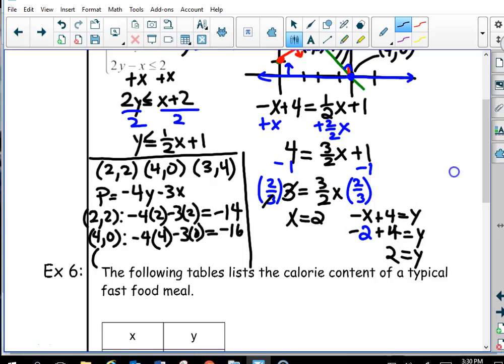And then we get 3, 4, which gives me negative 4 times 3 minus 3 times 4, which gives me 0. So it's not a very satisfying answer, but the maximum amount comes from the 3, 4.